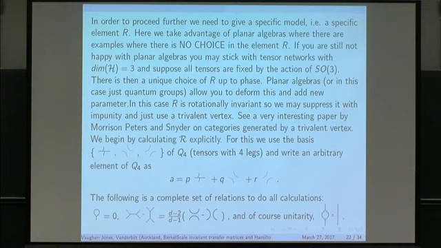And here they are. If you cap off a trivalent vertex, you get 0. There's this IH relation between the trivalent vertex itself, and, of course, unitarity, which is this guy here. If you're doing TQFT or tensor networks, then you'll probably smell that to do any calculation, all you have to use is these relations.